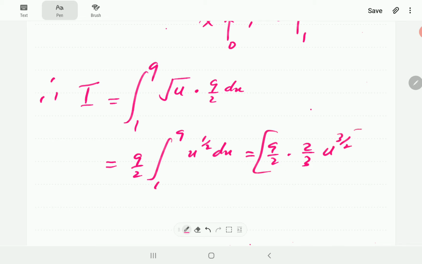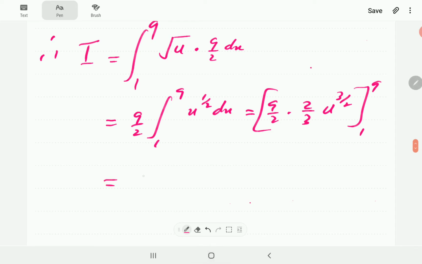So that's going to be u to the power 3/2 divided by 3/2, which is the same as multiplying by 2/3. So this is going to be 3u to the power 3/2, and then evaluated between 1 and 9.